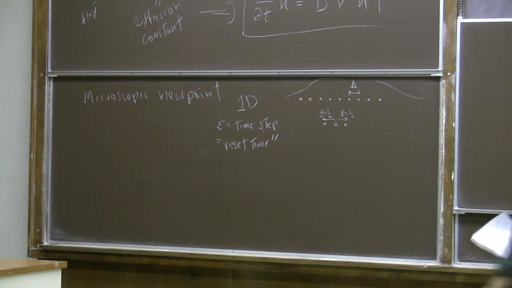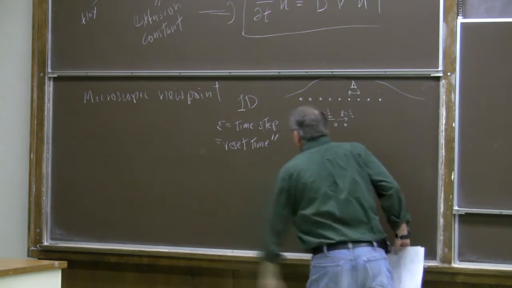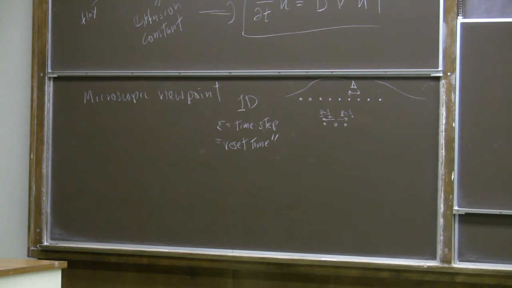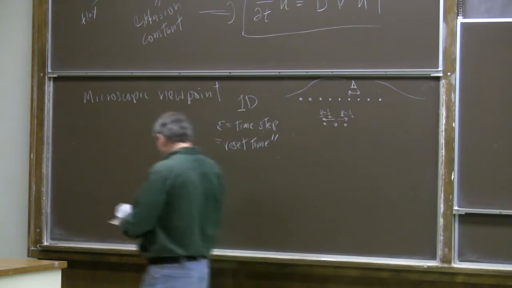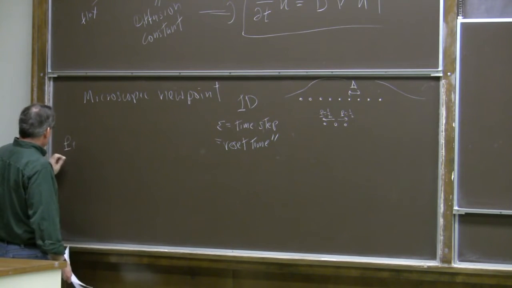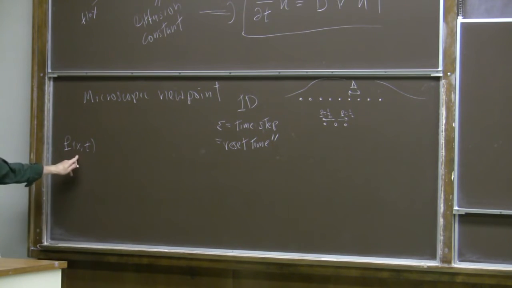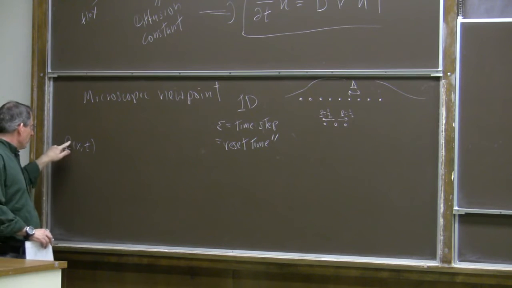We can describe that as a formal limit in which the lattice spacing delta and the time step epsilon go to 0. And then we obtain a probability distribution for, in this case, I'm in one dimension, so I have a probability distribution for the position in one dimension, which is an integer times the lattice spacing delta, and the time in our discretized model is some integer multiple of epsilon.